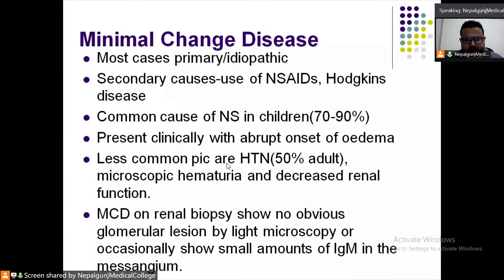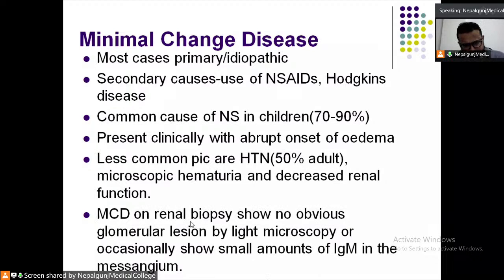It presents clinically with abrupt onset of generalized edema. A less common feature is hypertension. If MCD is there in the adult group, around 50% of them have hypertension. Microscopic hematuria and renal dysfunction are less common. MCD on renal biopsy shows no obvious glomerular lesion by light microscopy, or occasionally a small amount of IgM in the mesangium.